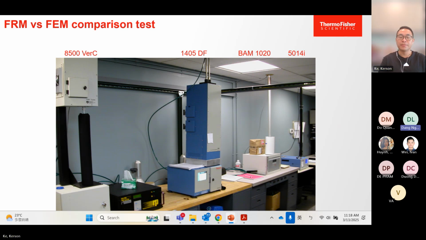And can you show me the table for comparison between the TEOM and beta attenuation, the accuracy of PM2.5?